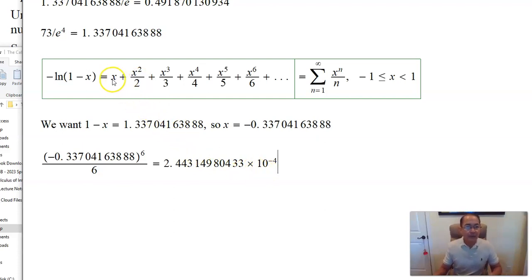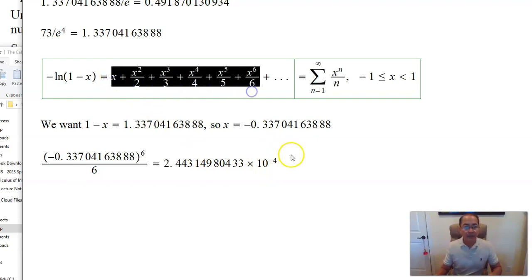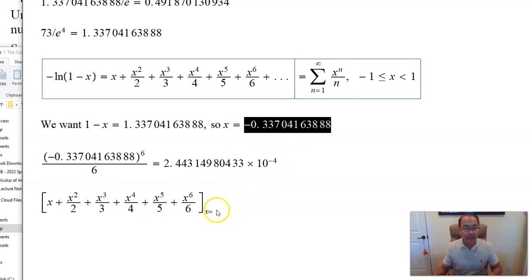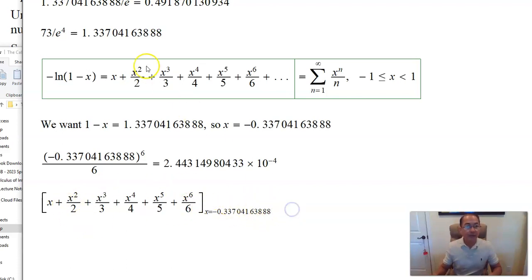So we're going to take up to x to the 6 over 6, since we already computed it. So we deserve to add it on. But I'm going to cheat and just ask Maple to plug in x into each and every term of this expansion. And Maple says we get negative 0.29.